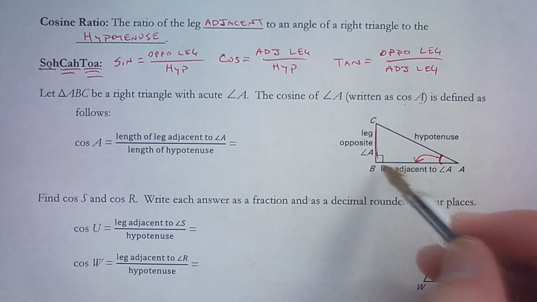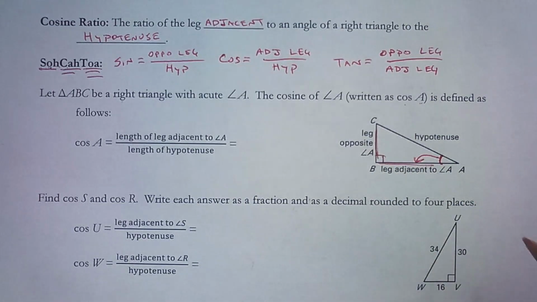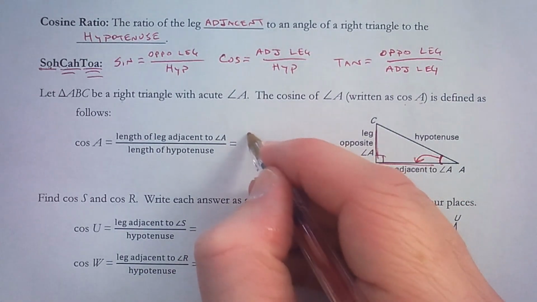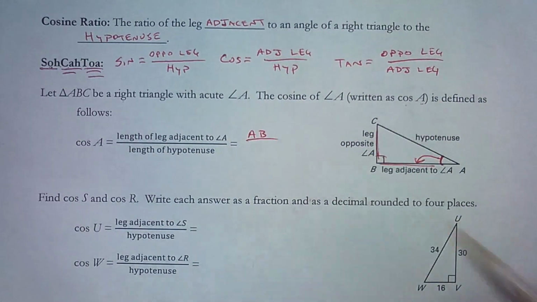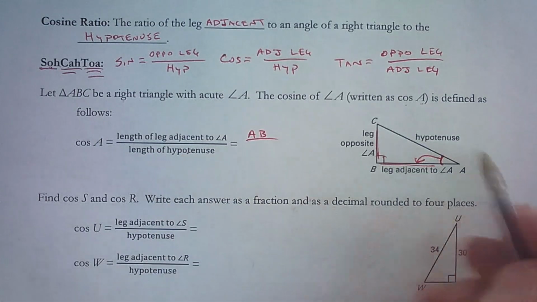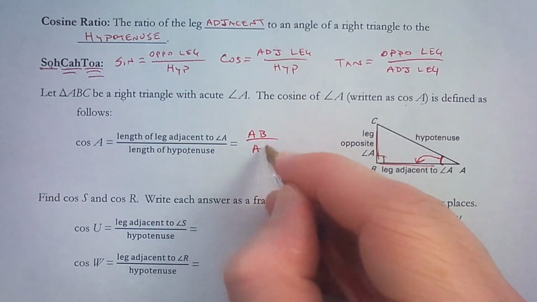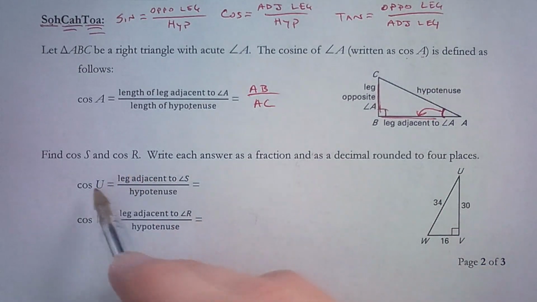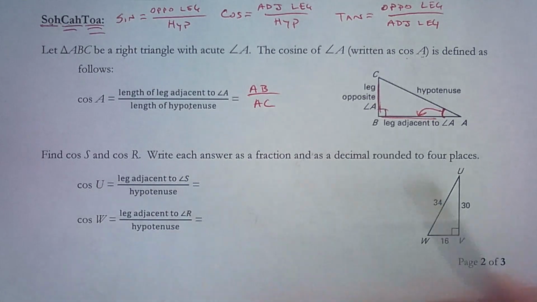There's a leg here and a leg here. They form the right angle. The third side is the hypotenuse. So the leg adjacent to A is side AB, and that goes over the length of the hypotenuse, which is AC.